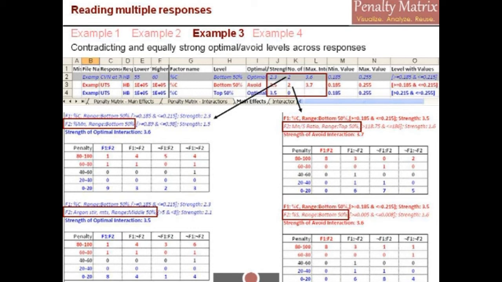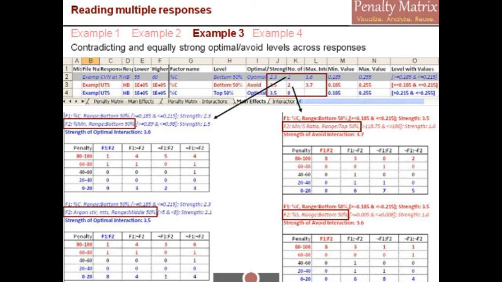So if you have carbon in the bottom 50% and the manganese sulfur ratio in the top 50%, then it is bad. There are 8 castings with 100 penalty values and none with 0 penalty values. Again, it needs to be cross-checked, but you got this evidence from your data sheets.